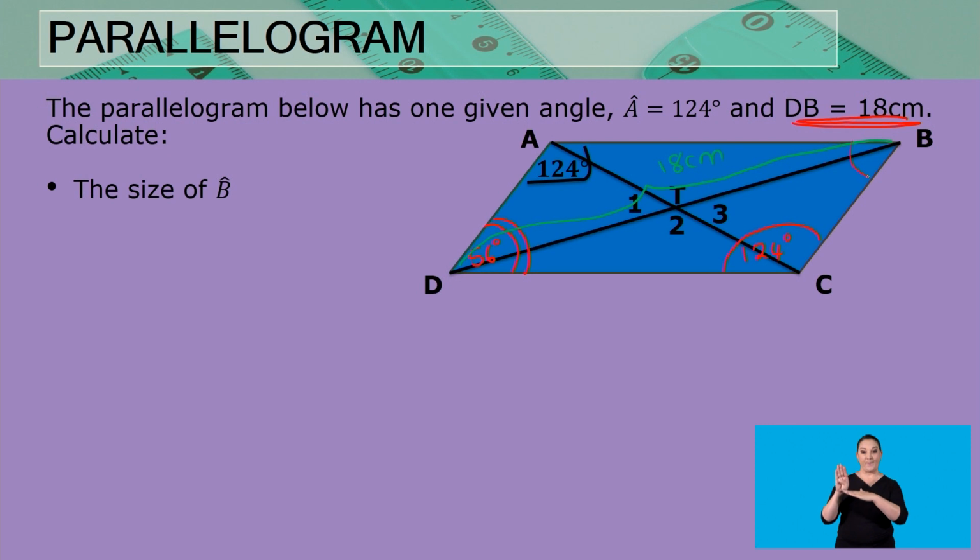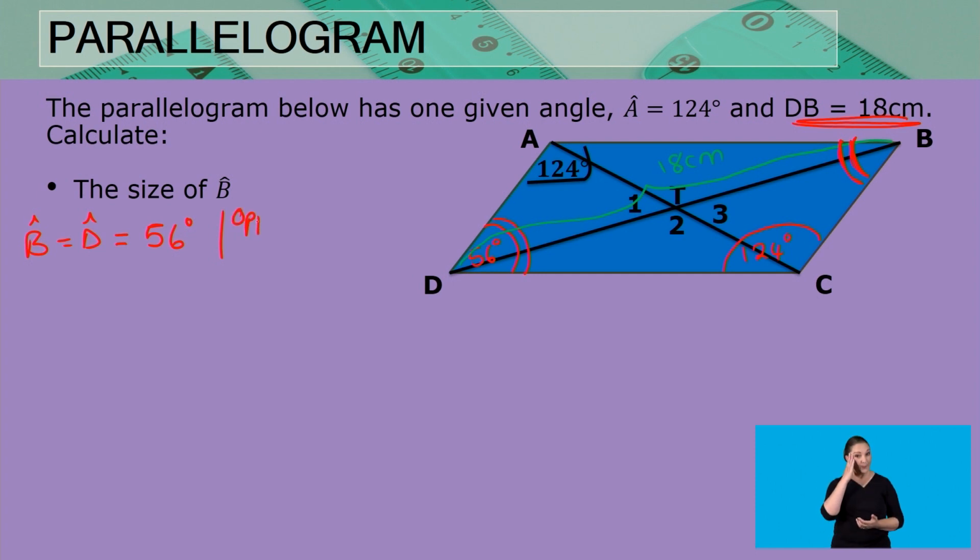Angle B is opposite angle D. So what does this mean? Since this is a parallelogram, that means that angle B is equal to angle D, and since we just calculated that angle D is equal to 56 degrees, that means that angle B is also equal to 56 degrees.